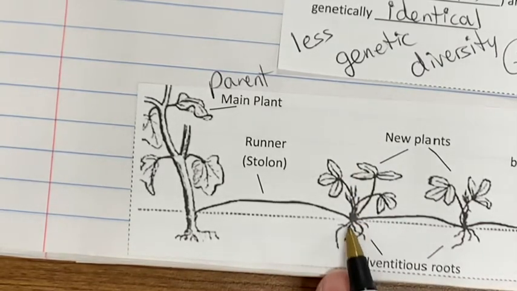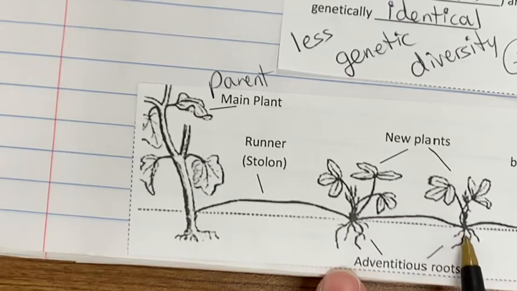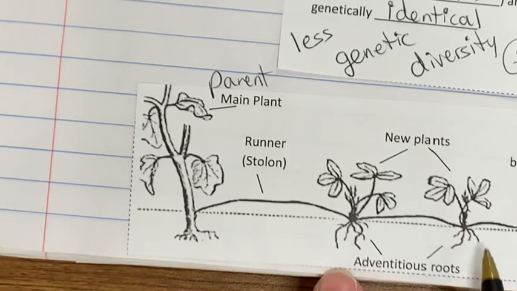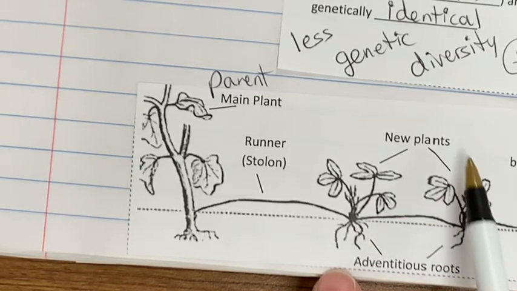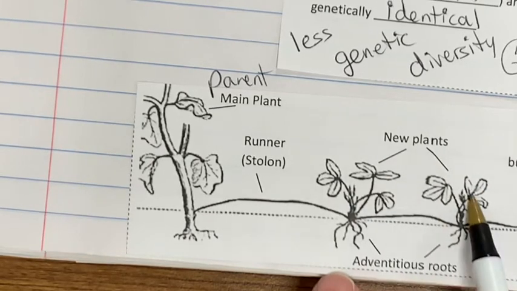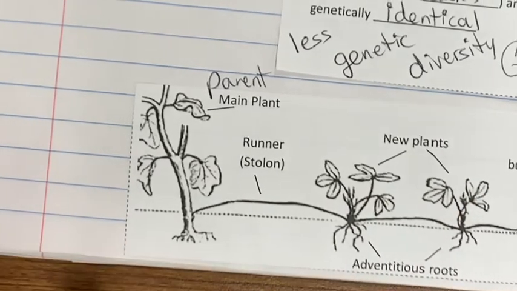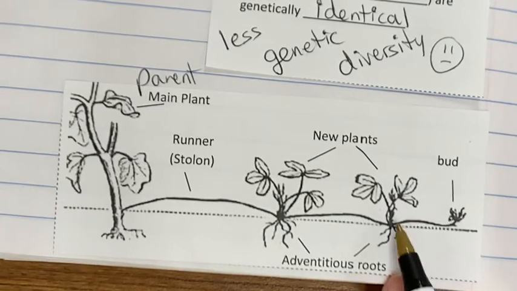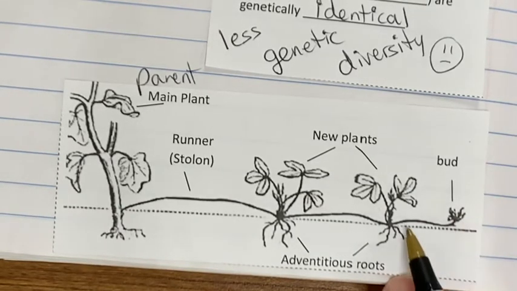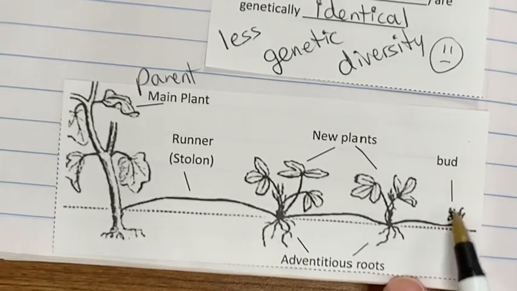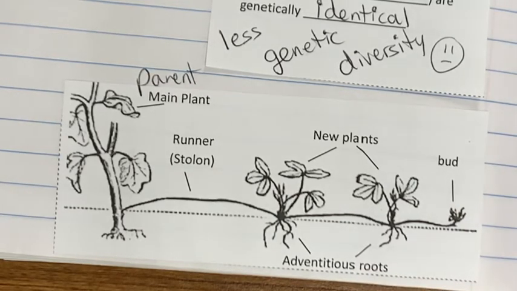And then that one will put out a runner, and when it hits the ground, new roots and new stems with new leaves. Each one of these is a unique new plant. That very end, the new runner that's looking to find a place to put down roots, is called a bud. All right?